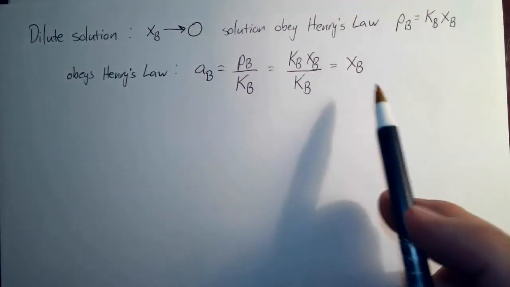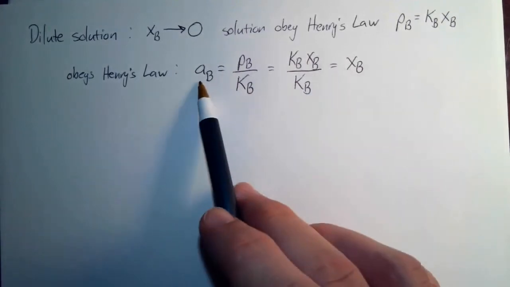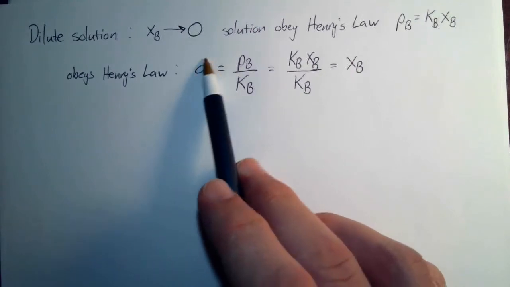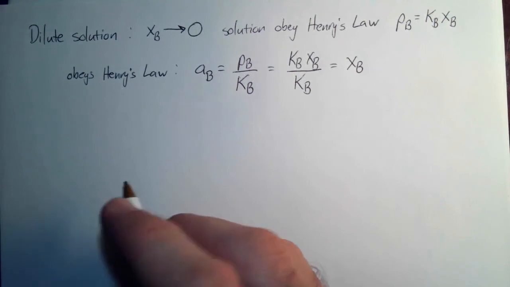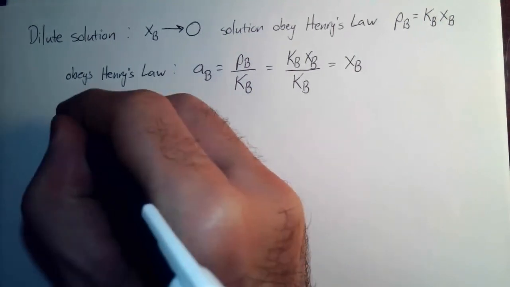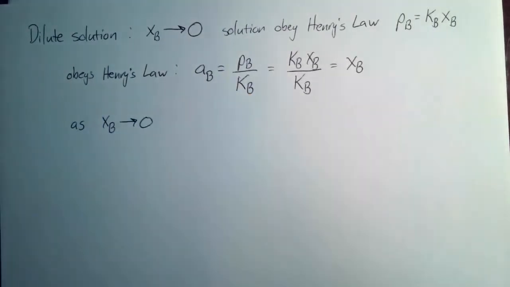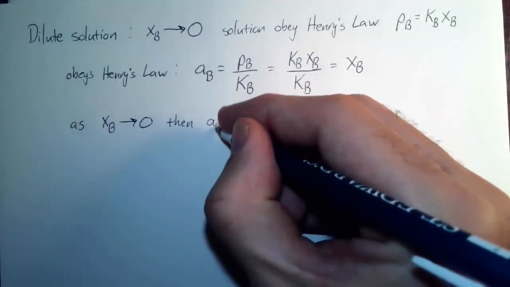So this is the ideal scenario, as expected. We replaced X with A, and in the ideal scenario, A should return to being X. Otherwise, A is the deviation from ideal. And so as XB approaches 0, then AB should approach XB.